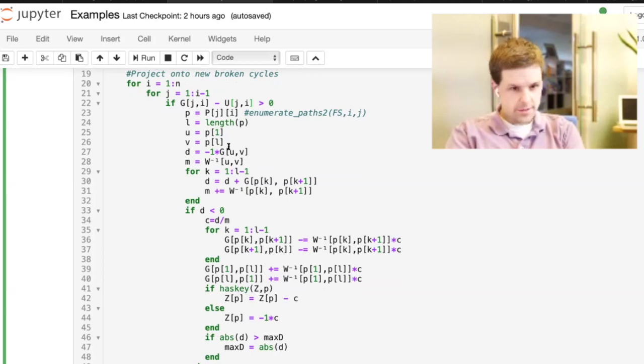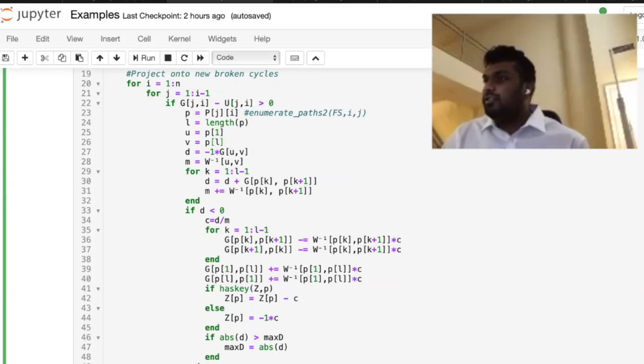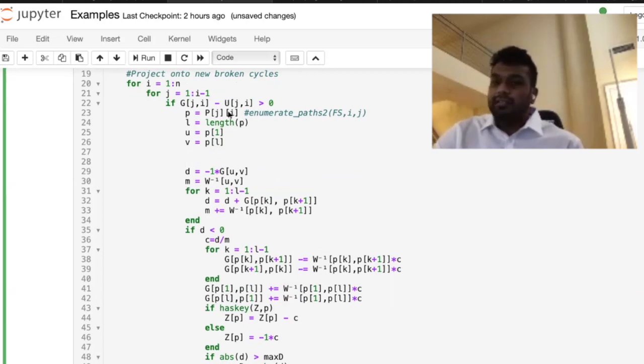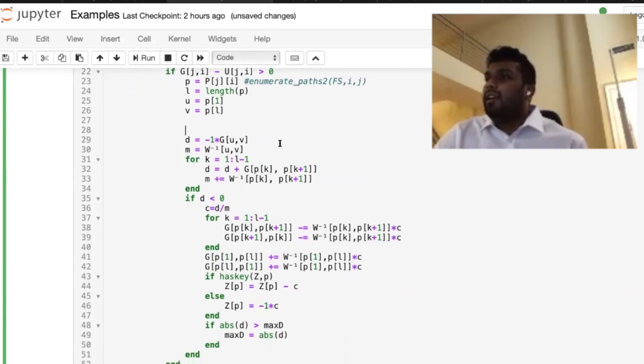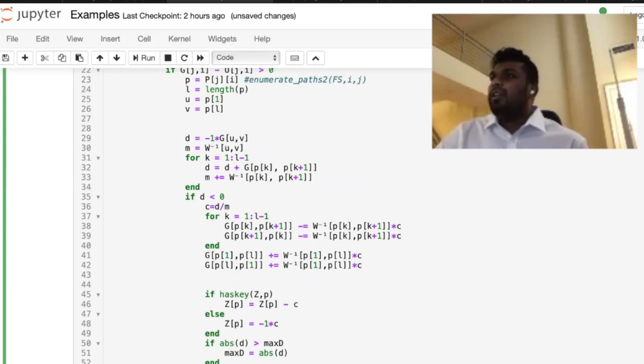Okay. So the first few lines, these are extracting the path. Right, so this B is just that path, length, my first node, my last node, up until here. I am doing the projection. Okay.